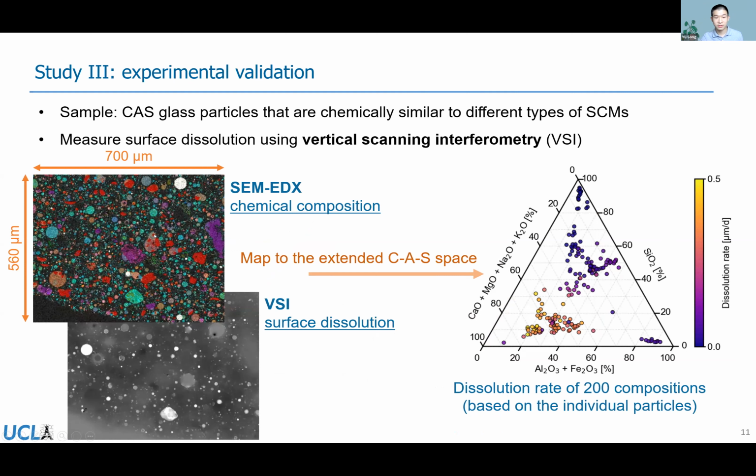Our sample is shown on the left side, and you can see that it's a variety of different SCM particles embedded in the epoxy. We first use the SEM EDX to characterize the bulk composition. And for the same sample, we put it under the solution and use vertical scanning interferometry to test the surface dissolution of those individual particles.